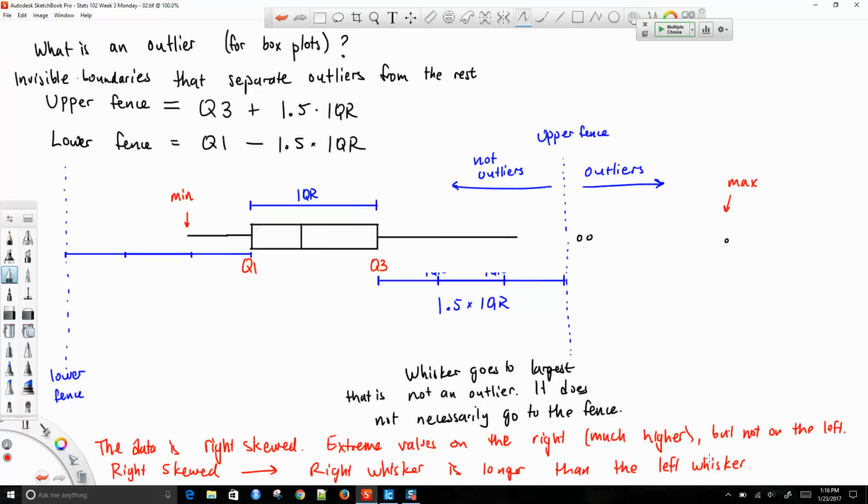Can you tell if this is unimodal, bimodal, or whatnot? No, okay? The box plot will not reveal whether it's unimodal or bimodal, okay?